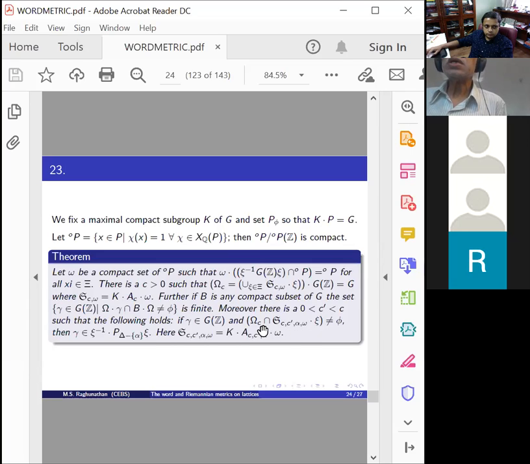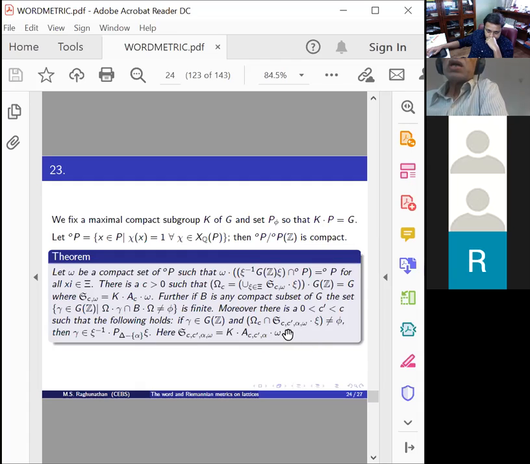Omega C intersection. Oh, sorry, I got it wrong here. It should be omega C prime here. The first one should be C prime. And S_{C,C' alpha omega} psi. If this intersection is not empty, in fact, sorry, I've got this wrong here.